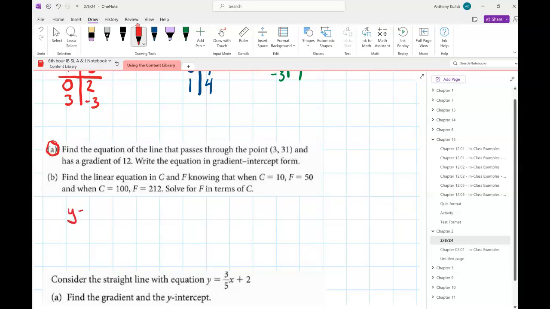Slope-intercept form is that, right? What are we told? Slope is 12. What am I going to do with that point? That's the other piece that I'm given, right?